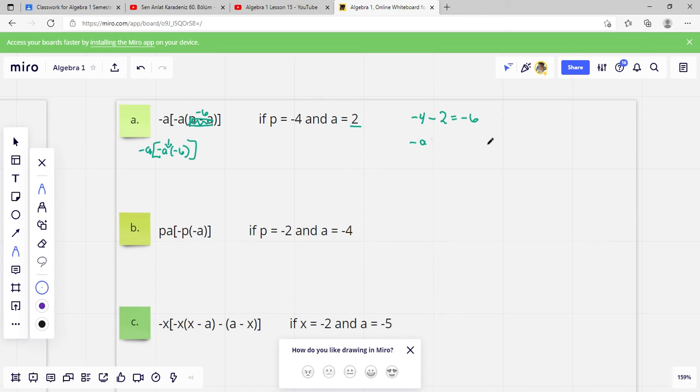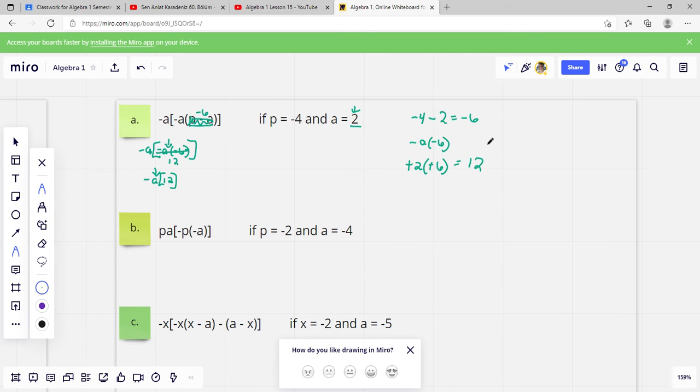Negative A is the negative of 2, so negative 2 times negative 6. These cancel because it's multiplying: negative times negative makes positive. 6 times 2 is 12. So everything inside this whole bracket is 12. So I'll have negative A, bracket, 12. That means I need to multiply here: negative A times 12.